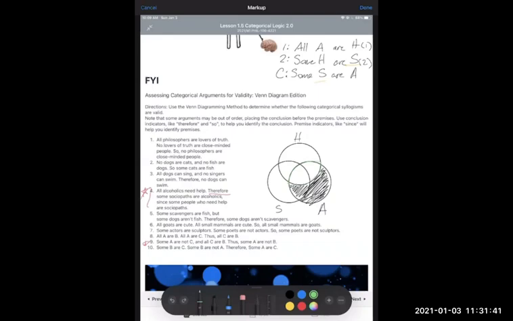Okay, now we have to diagram some H are S. Well, how do we do that? First of all, let me show the region of interest, which is right here. That's the intersection of H and S. So we know that we're going to do something in that region.